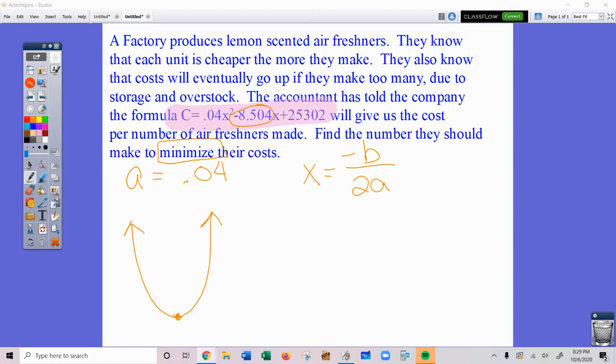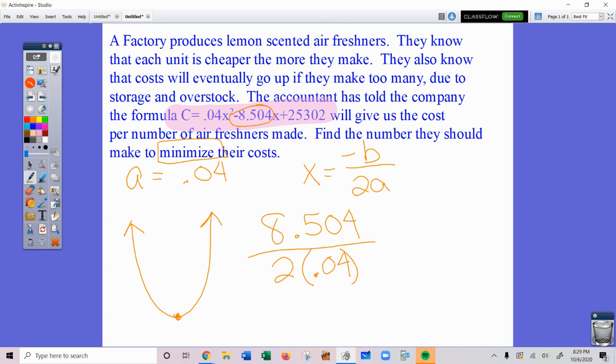So if we start plugging this into x equals negative b over 2a, we're going to start plugging it in exactly how we see it. So the negative of negative 8.504 is going to be positive 8.504 all over 2 times a, which is 0.04.